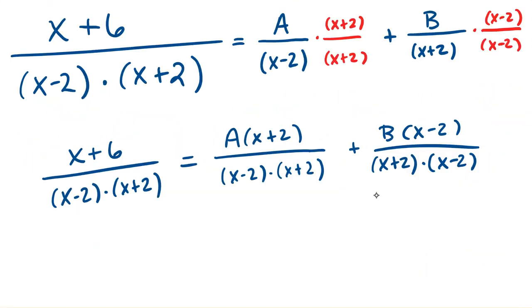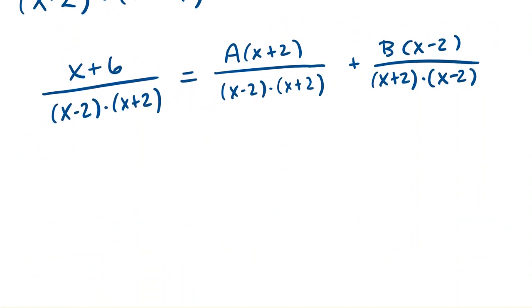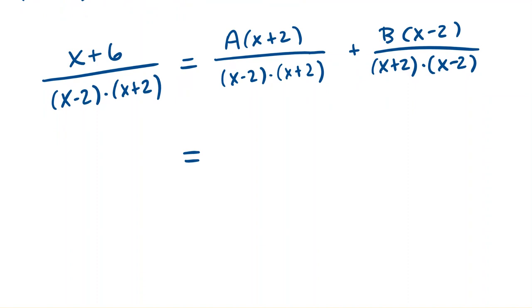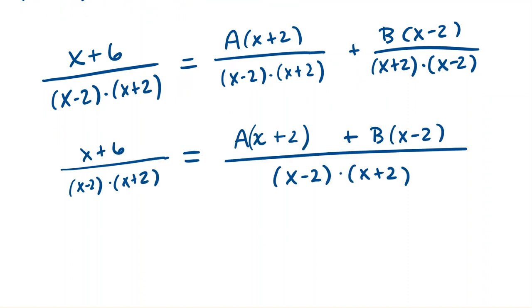We would next get this. The right side can be simplified to a single fraction. Since the left side denominator is the same as the right side denominator, then the only way these two fractions can actually be equal is if their numerators are also equal.